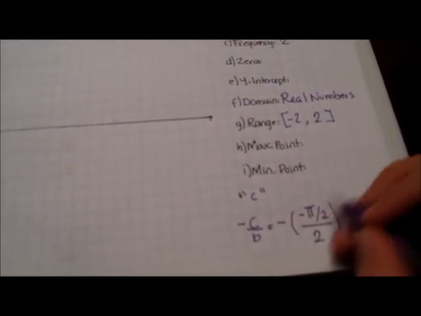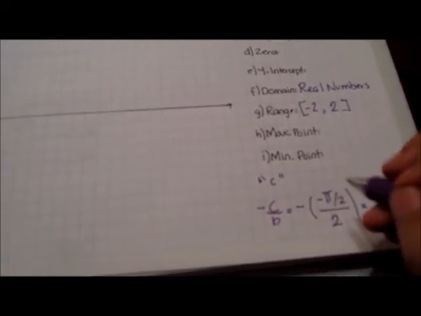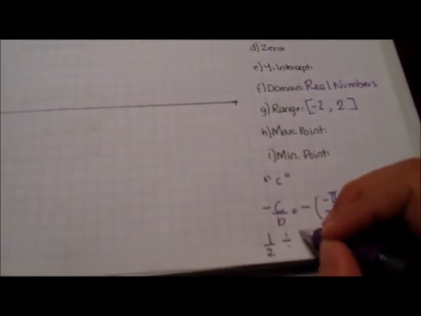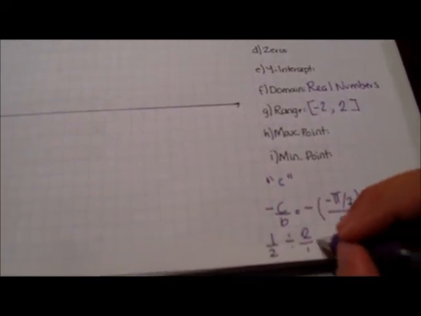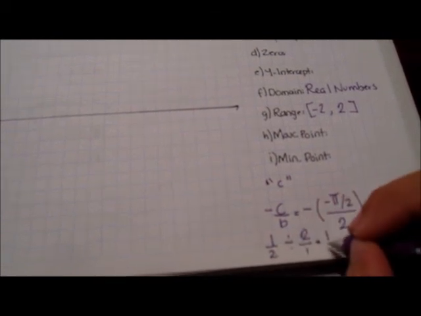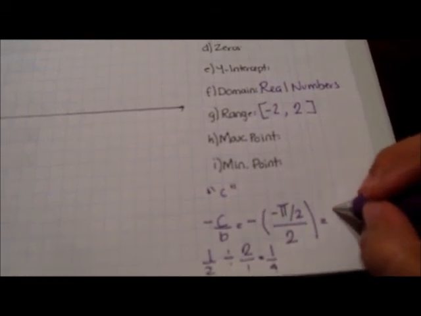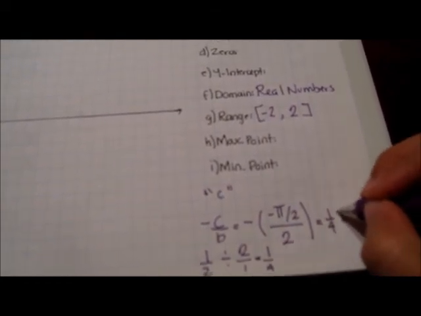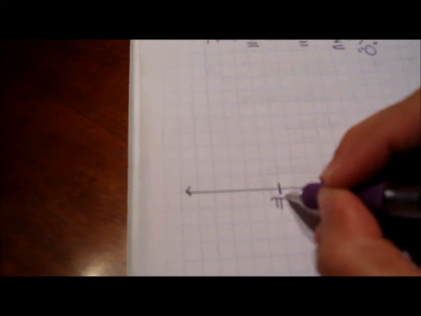So negative times negative equals positive, but I still need to divide this thing. So I have a half divided by 2, and I will write a 1. So it's 1 times 1 equals 1, and 2 times 2 equals 4. So I will have a quarter of pi, or pi over 4. So my first point, I will write it here, is going to be pi over 4.